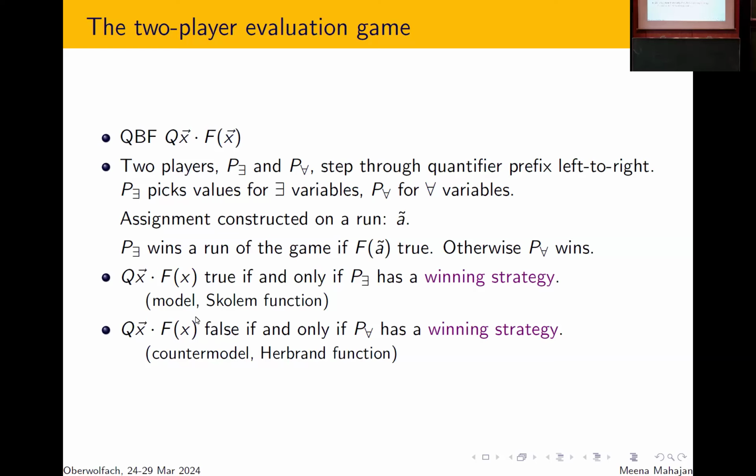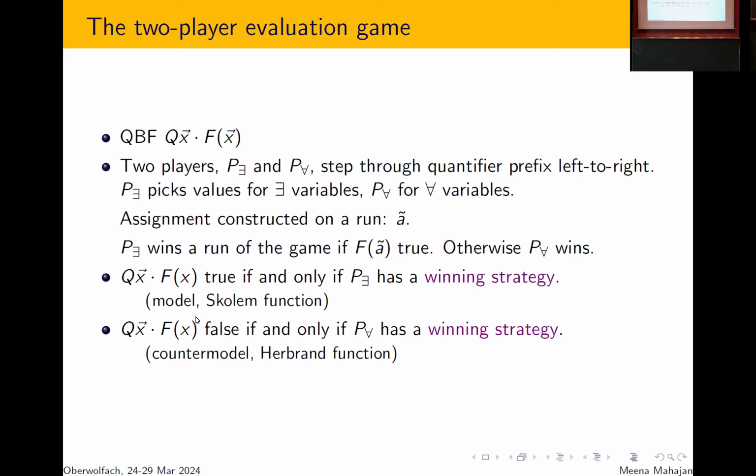But winning on one particular run of the game is not something that we are interested in. What we are interested in is whether a player can always force a win, no matter how the opponent plays. So the existential player can always force a win if the sentence is true, and the universal player can always force a win if the sentence is false.